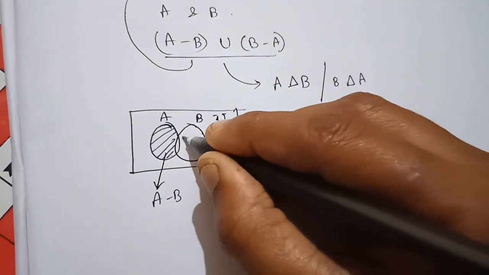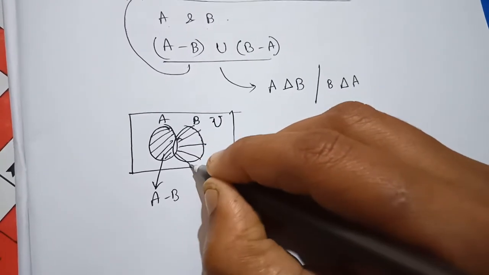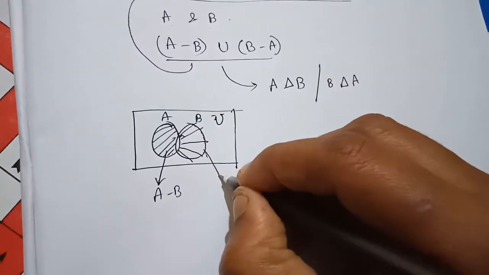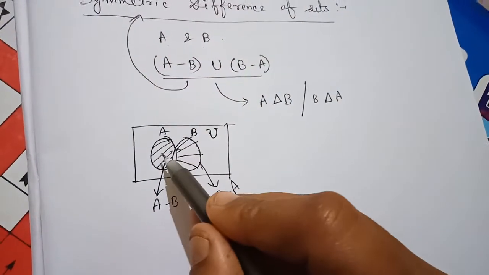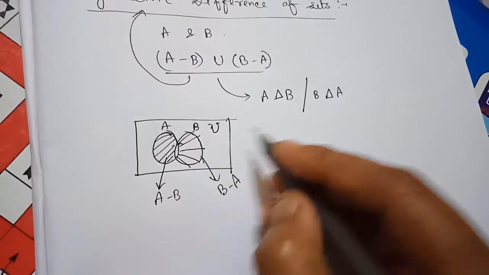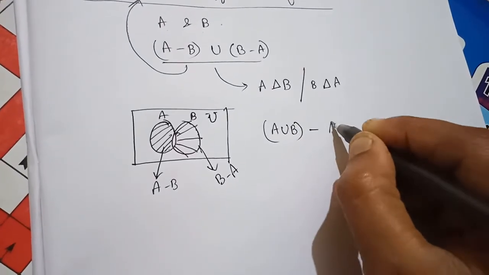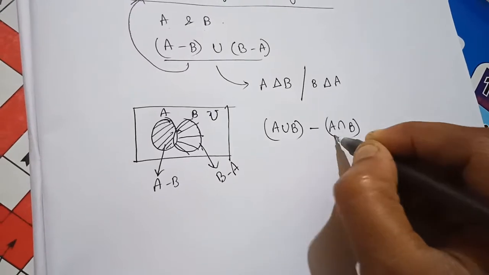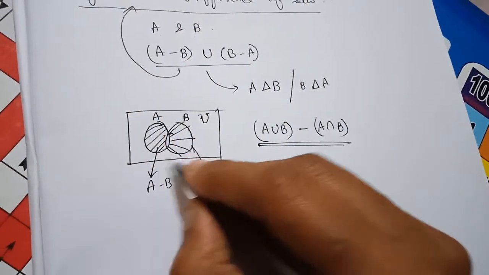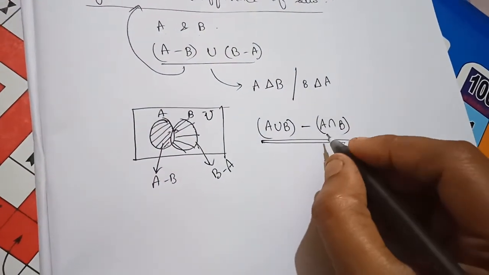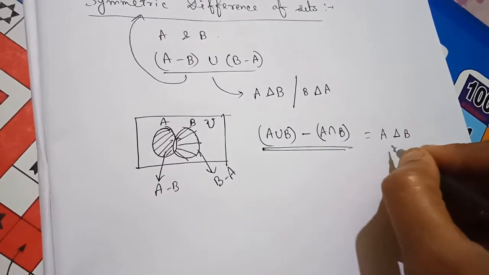And this other shaded part, again except the common part, will be B minus A. So its union means A union B minus A intersection B. You can also say it like this: A union B minus A intersection B equals A delta B.